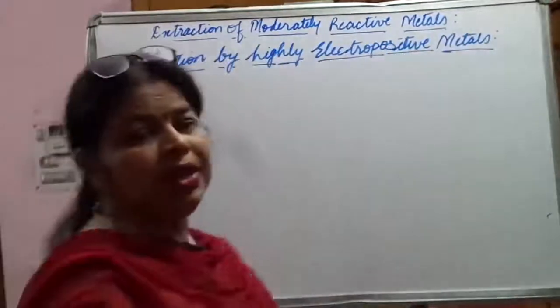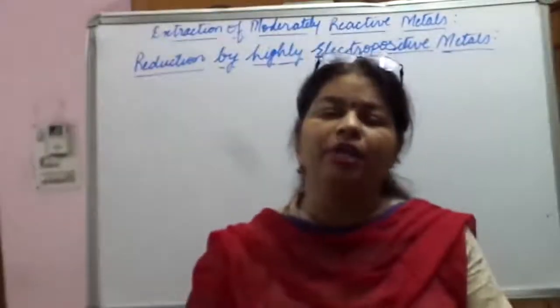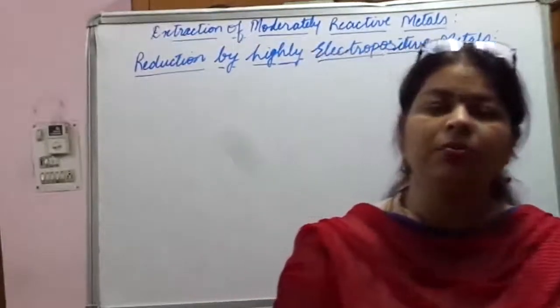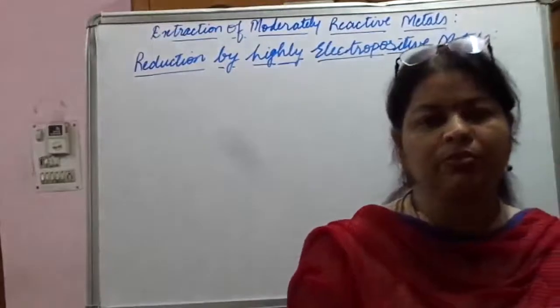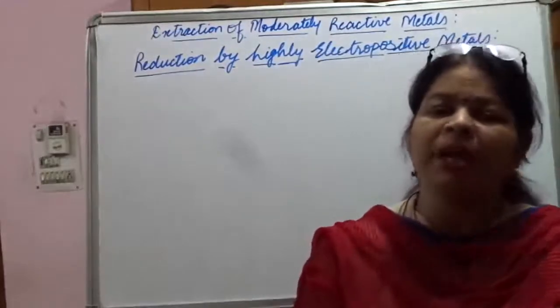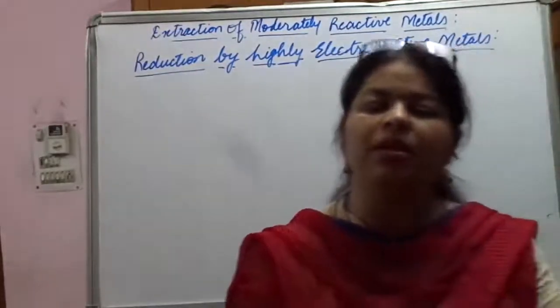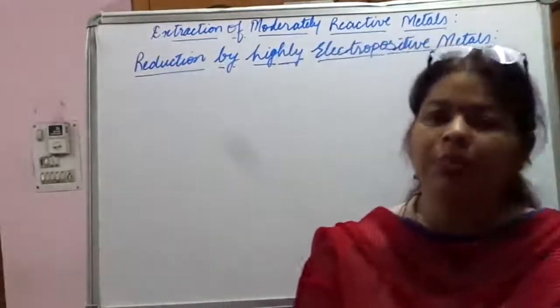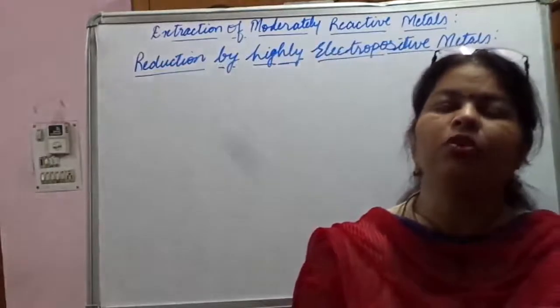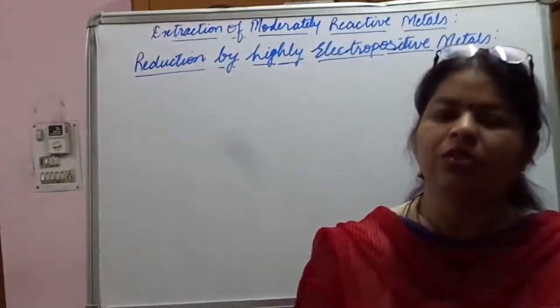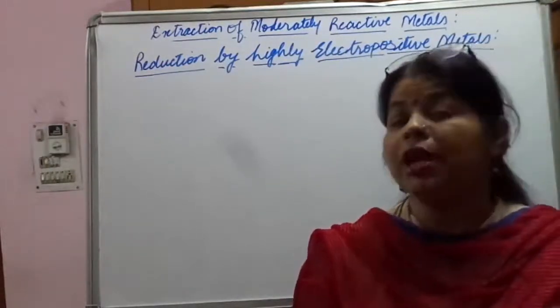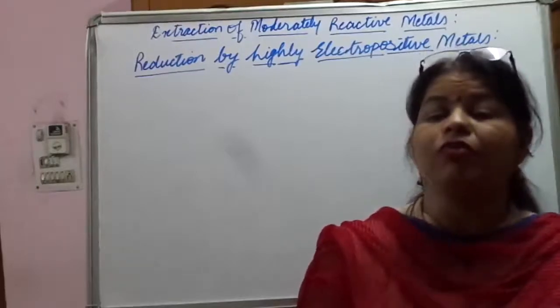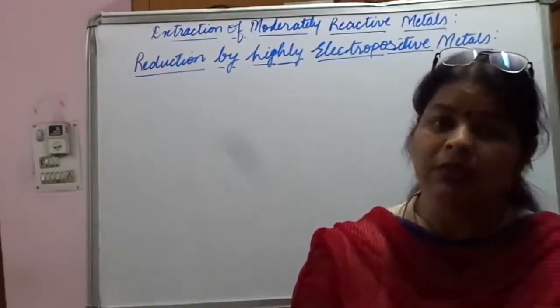Okay, in this case, a more reactive metal like aluminium or magnesium can displace a comparatively less reactive metal from its metal oxide, to give the free metal, and therefore it can be used as a reducing agent. Fine. For what? Extracting impure metal from its metal oxide.